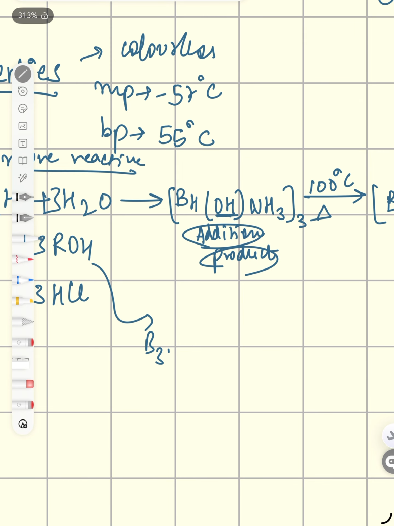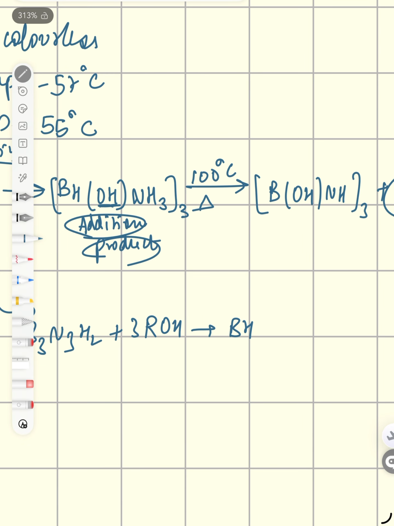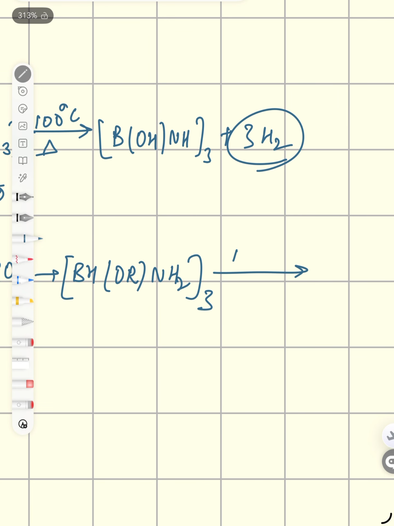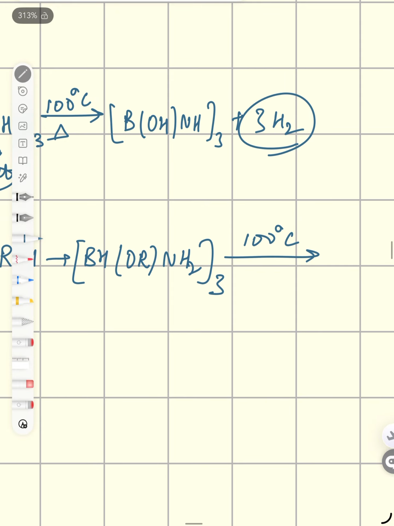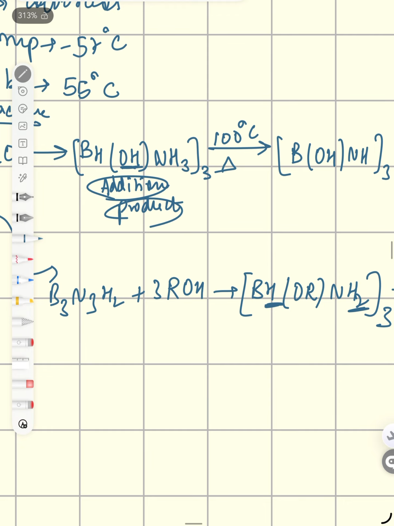If we write B3N3H6 borazine plus 3 moles of alcohol, it will form [BH(OR)NH2] whole thrice, and on heating it at 100 degrees Celsius, it will lose these hydrogen atoms, one from here and one from here, resulting in the formation of [B(OR)NH] whole thrice plus 3 moles of hydrogen released.